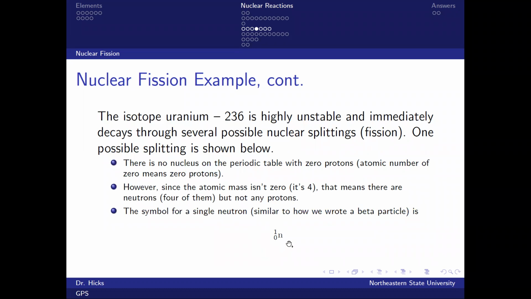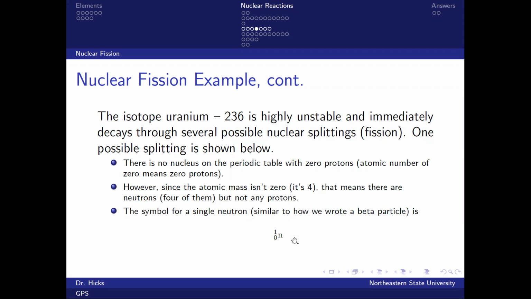And this is the symbol for how we write a neutron. It's 0, 1, and then the lowercase n. 0 because there are no protons, just like a beta particle. Beta particle had 0 neutrons. Neutron has 0 protons, but its atomic mass is 1.